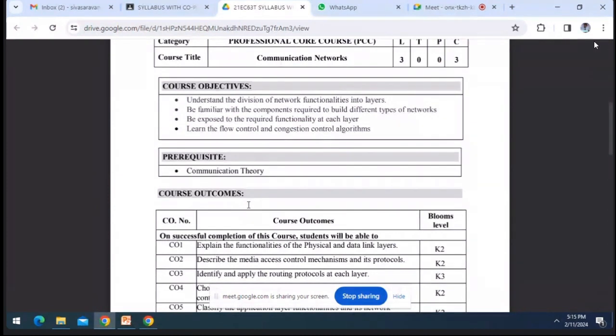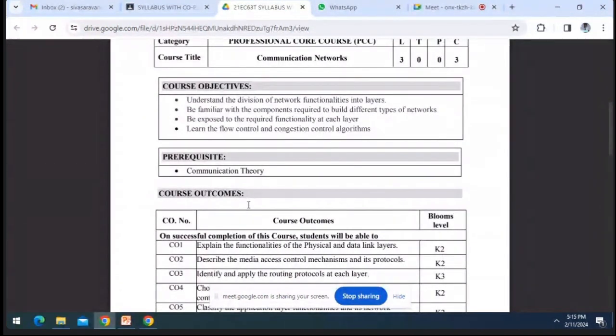From this unit, we may understand the network functionality division, and also become familiar with the components required to build different types of networks, wired networks, wireless networks, that is wide area network, local area network. So how we can build these networks, and what components are required for building them.